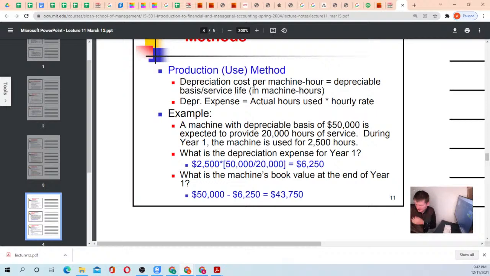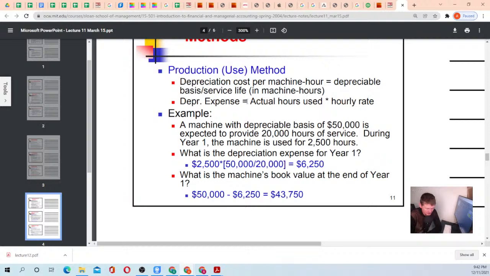If it's some equipment which you use unevenly over its useful life, you calculate how many hours of useful life you have left in that equipment.